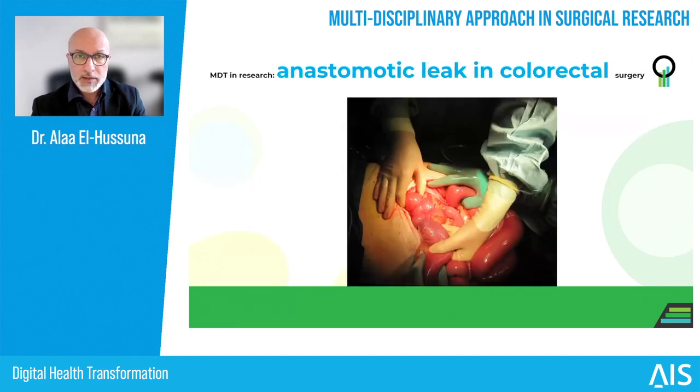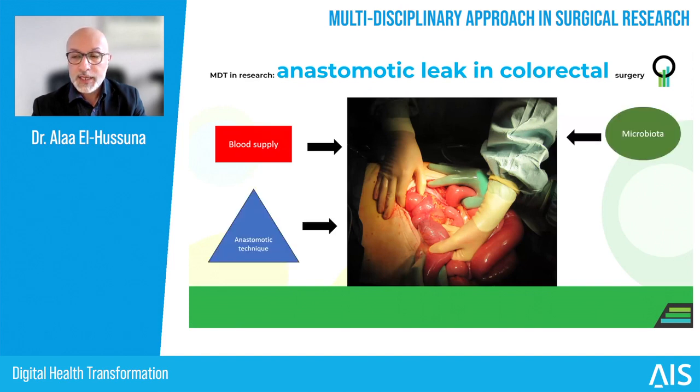We are trying this in open source research collaboration. As the foundation, we did research about anastomotic leak as a problem in colorectal surgery. We identified through our research factors that are very important for anastomotic leak: blood supply, anastomotic technique, microbiota, and patient-related factors.